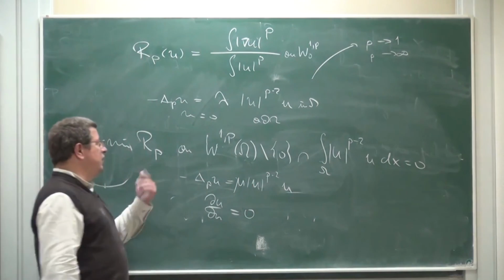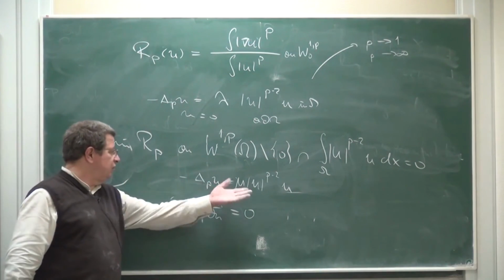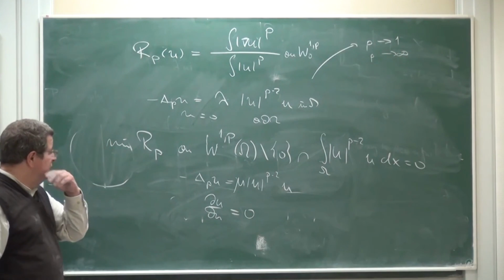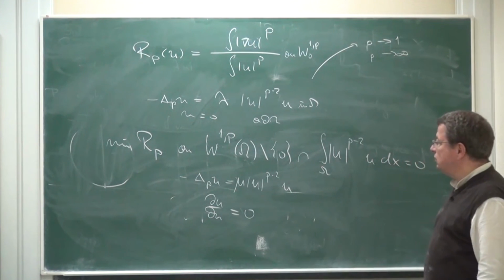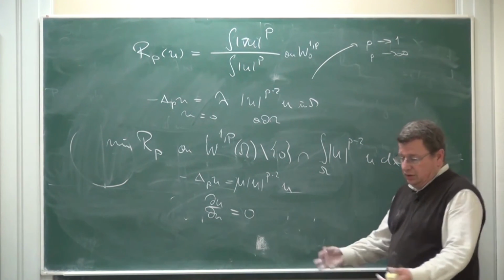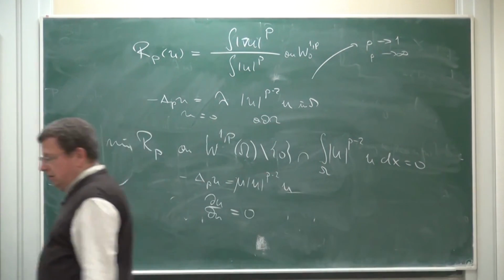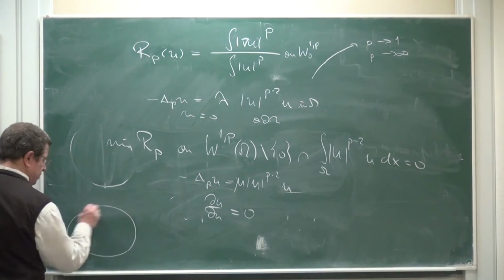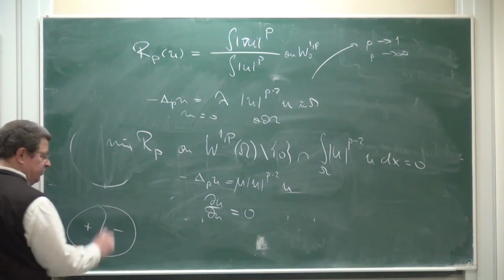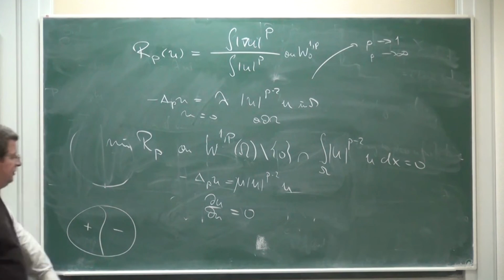So the first eigenvalue for this equation is 0, the first eigenfunction is constant, and one looks for the first non-constant eigenfunction. And that's a function that changes sign. So it must be positive somewhere, it must be negative somewhere.